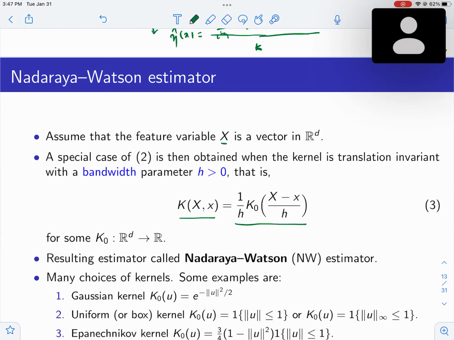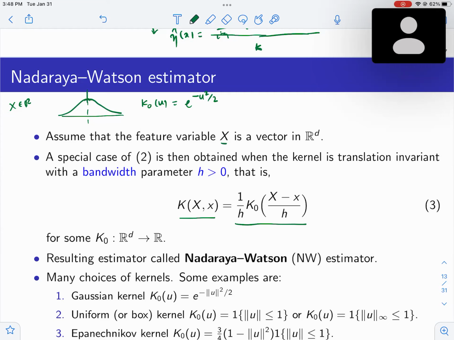like similarity measures. So for example, one choice is K naught being, let's say we are in the univariate case. Let's say X is in R. So K naught of, I'm going to call it u, it's like a dummy variable, is e to the negative u squared over 2. So this is going to be like a Gaussian kernel, 0 here, and it goes down.